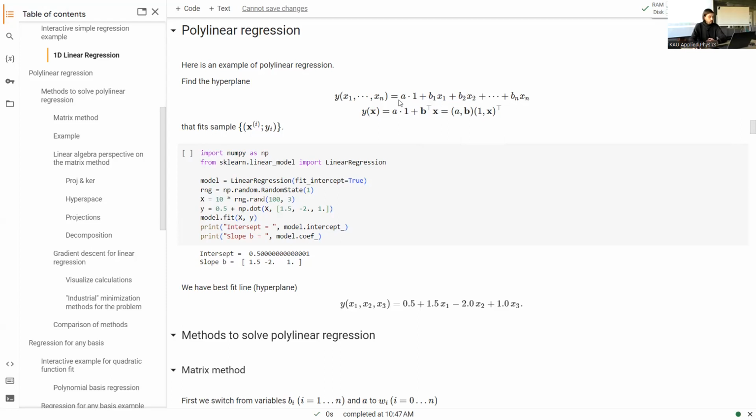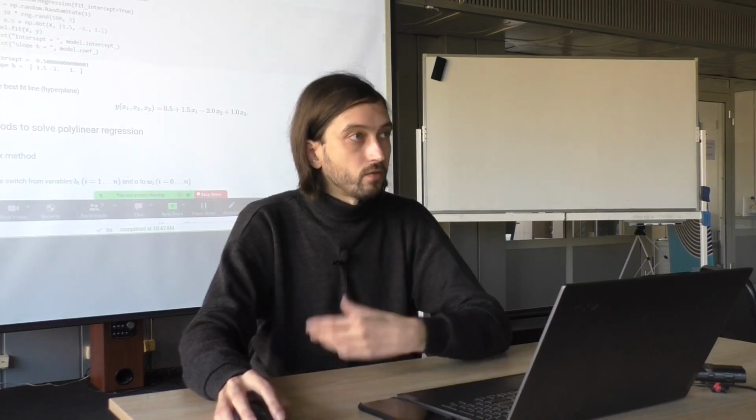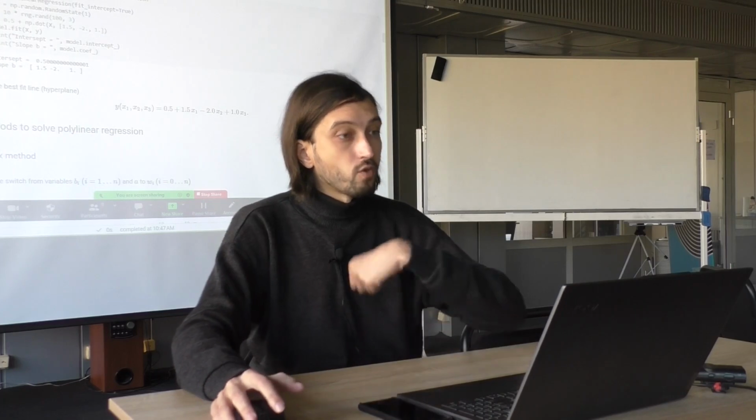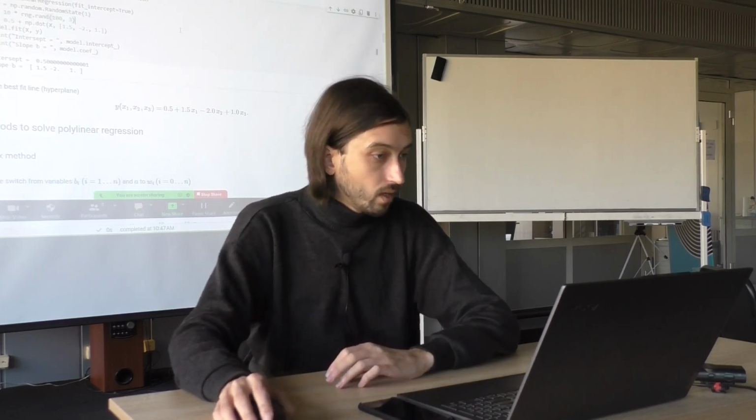And here is just some A that we are adding to that. Of course, you can equip your vector of features with a constant feature that contains 1, and you can forget about this A times 1. You will just incorporate that into parameters B. So that's pretty okay.